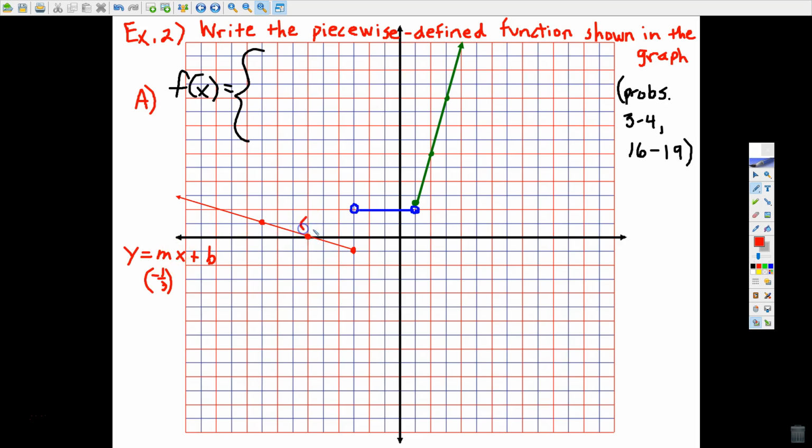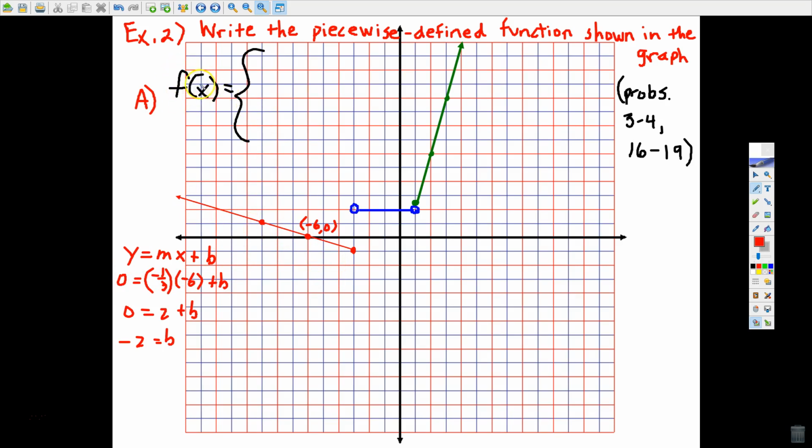For example, this is the ordered pair (-6, 0). That means y is 0, x is -6, 0 equals 2 plus b. I just found my b. b is -2.